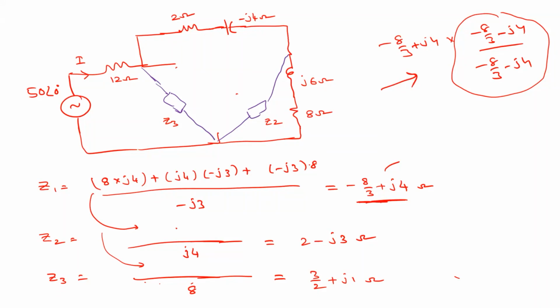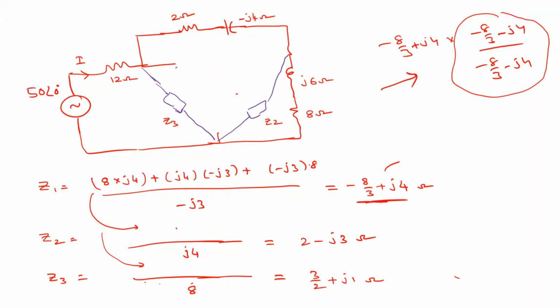Then also we are getting the real part negative only, sir. No, we are multiplying with minus 8 by 3 minus j4. In this case you won't get negative, I think. Here also we are getting real part negative only, sir.